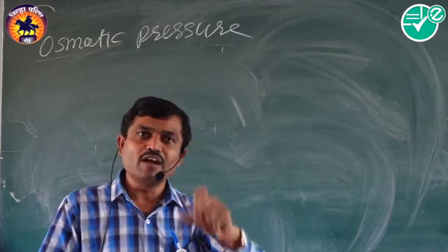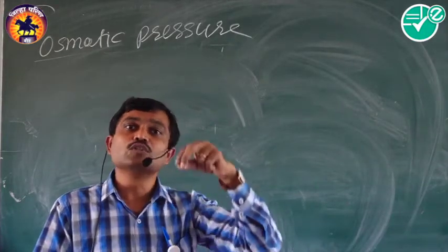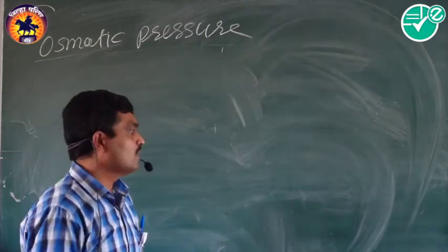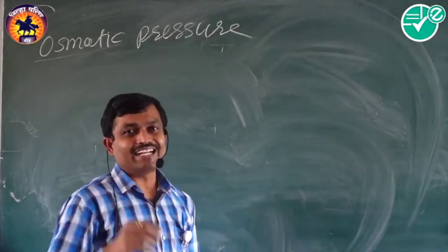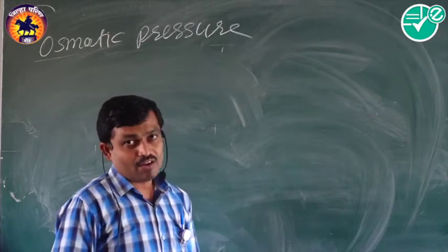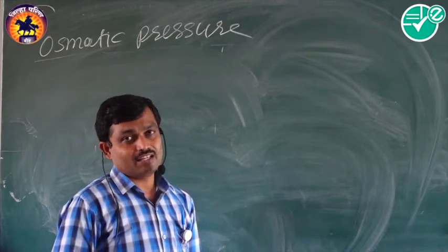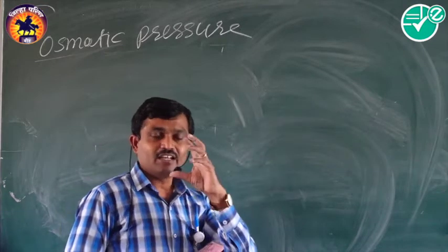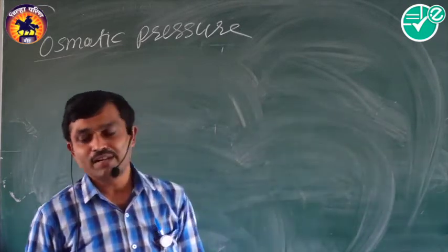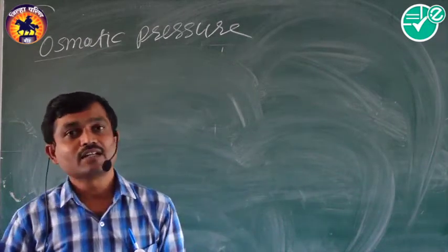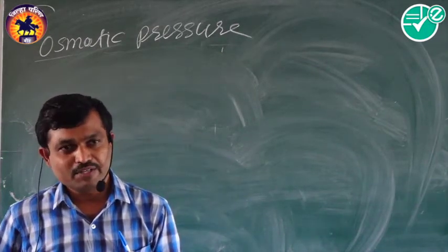But if we boil that egg in a salt solution, a small pinch of salt added to the water, the concentration of that solution increases, and therefore the egg's membrane does not break. So in this way, that is osmotic pressure.